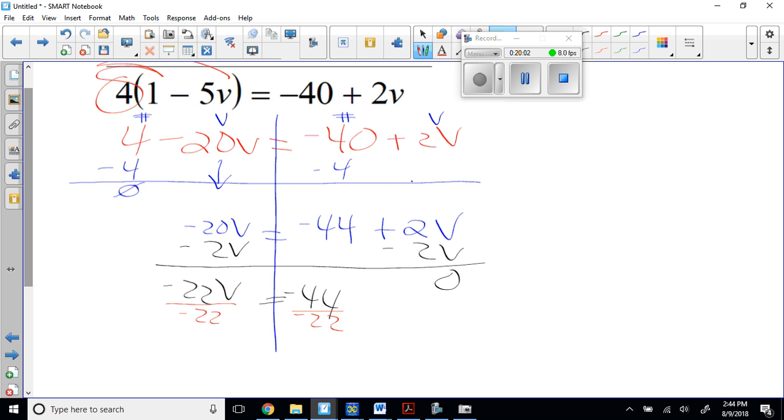What you do to one side, you must do to the other side. The negative 22 divided by negative 22 gives you a positive 1. Okay, they cancel out. V equals negative 44 divided by negative 22 is 2. Not 22. 2.